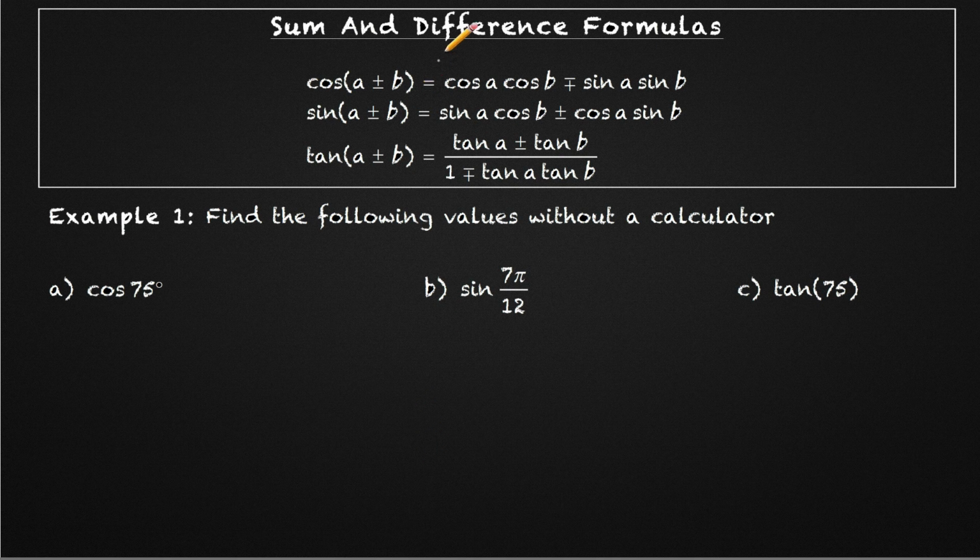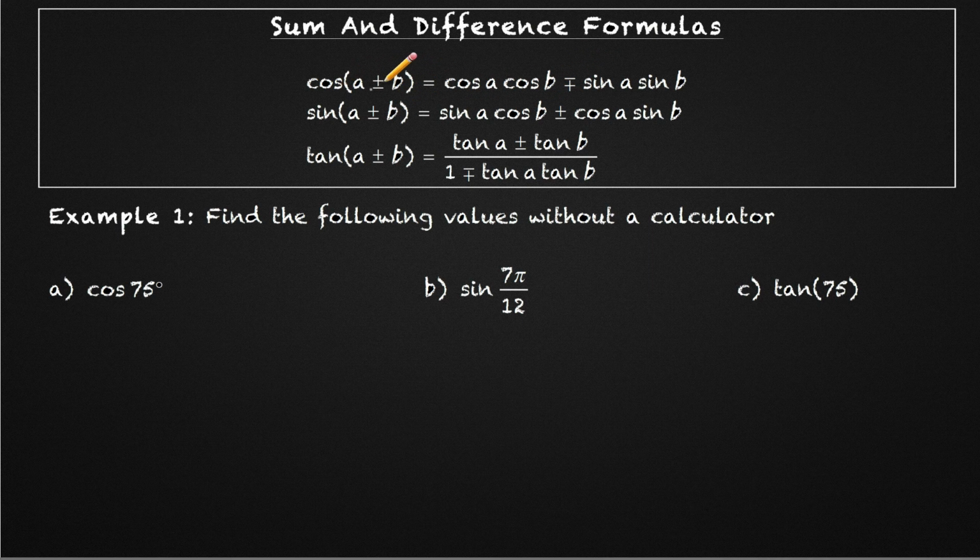And so basically, here are the formulas. You will be given those formulas on a quiz or test. You just have to know how to use them. You have cosine of A plus B, and pay attention here, is equal to the cosine of the first angle times the cosine of the second angle minus sine A sine B. And then, of course, you have cosine of A minus B, and that's going to have the plus here.